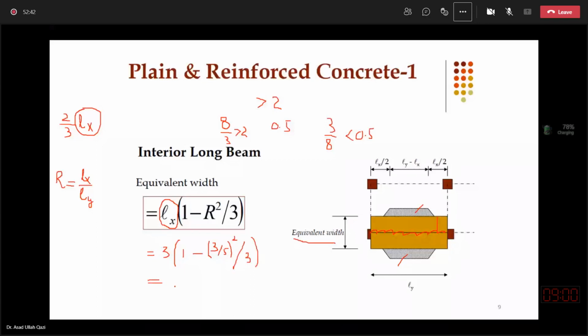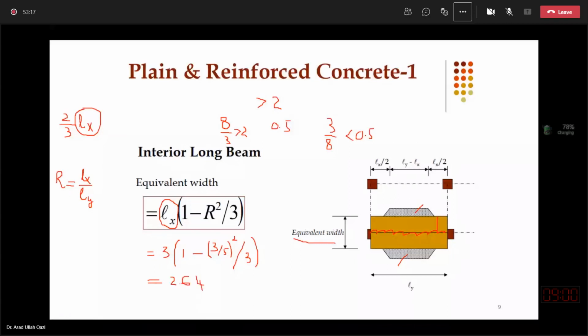Can you calculate? 2.64. Good, 2.64, right?